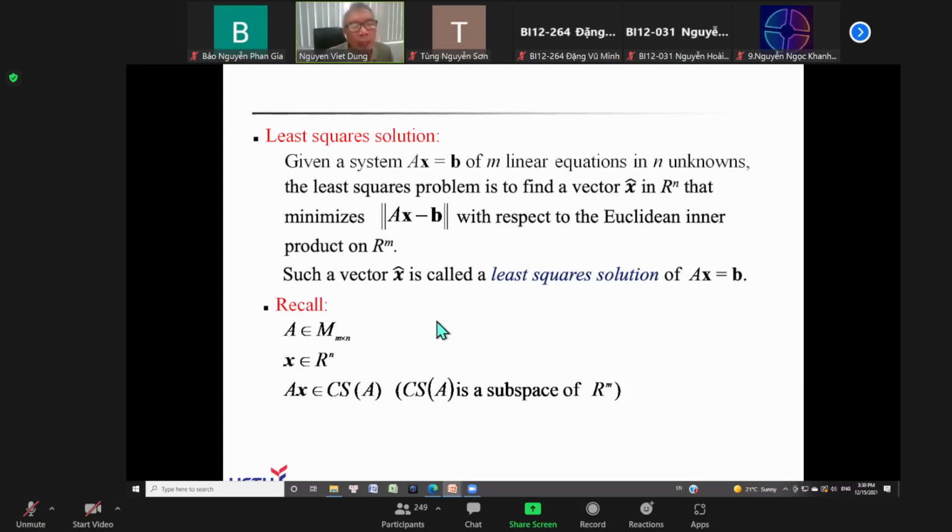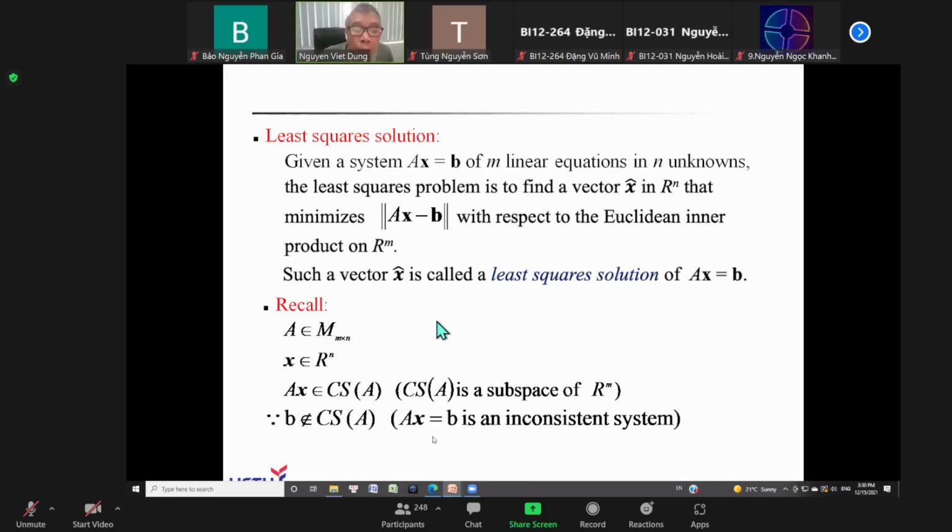Again, we explain it. A is an M by N matrix. X is a vector inside Rn, or a column. If we multiply A by X, we always get a vector inside the column space of A. And we know already that the column space of A is always a subspace of Rm.